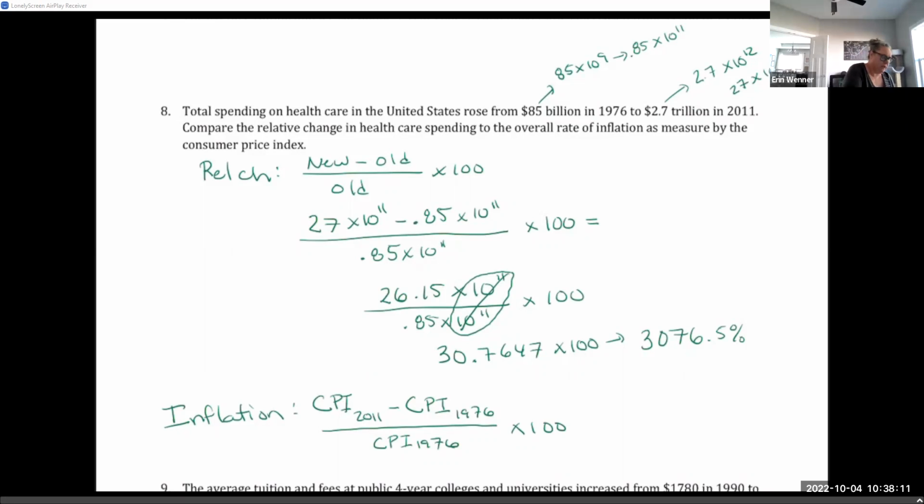So, CPI in 2011 is 224.9. CPI in 1976 is 56.9.